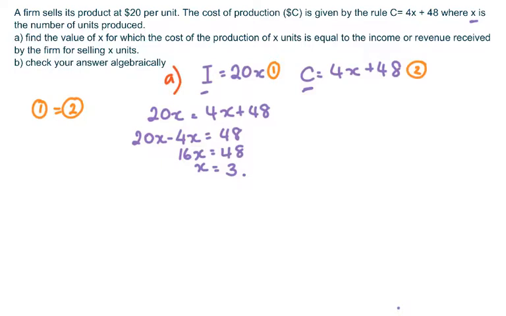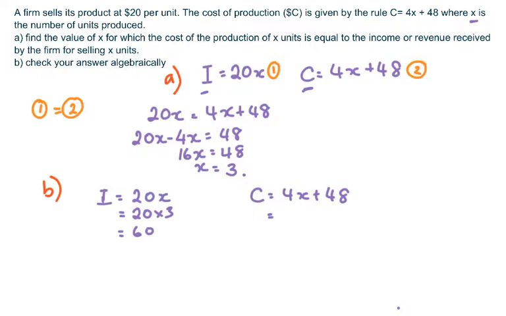Now B says we need to check the answer algebraically. We substitute x equals 3 into each of the formulas and see that they actually equal each other. In the I formula, 20x, wherever there's x, I substitute the value 3, so 20 times 3 equals 60. Now I substitute x equals 3 into the cost formula, and if we've solved this correctly, C should also equal 60.